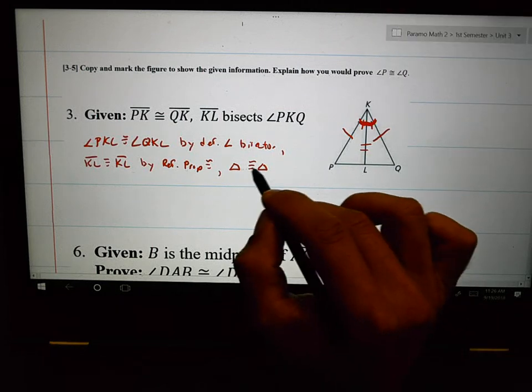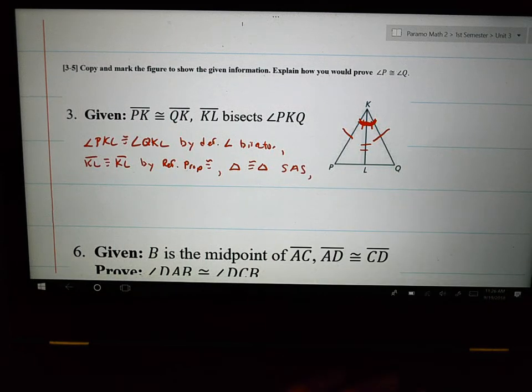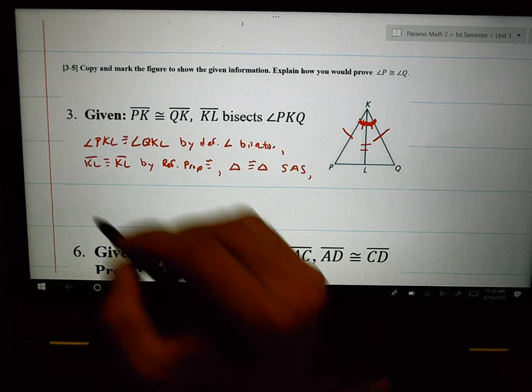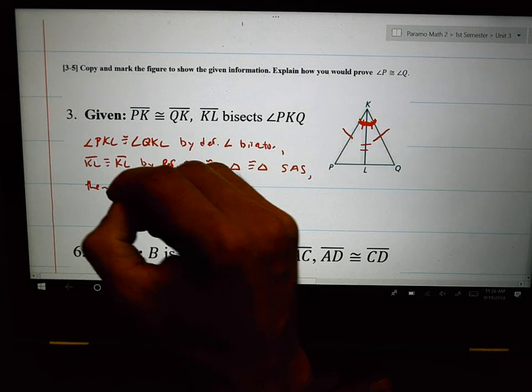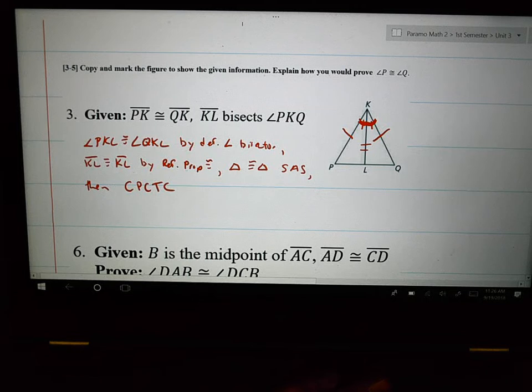The 2 triangles are going to be congruent by side, angle, side. And then I would use CPCTC. So that's a little less than formal, but it has every bit of information you need to prove it.